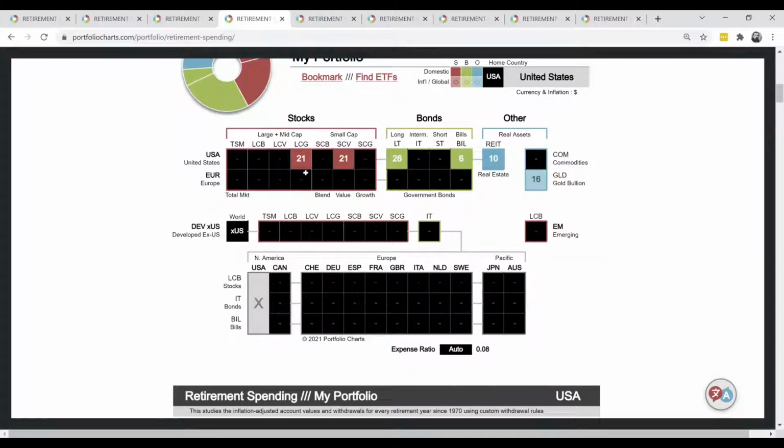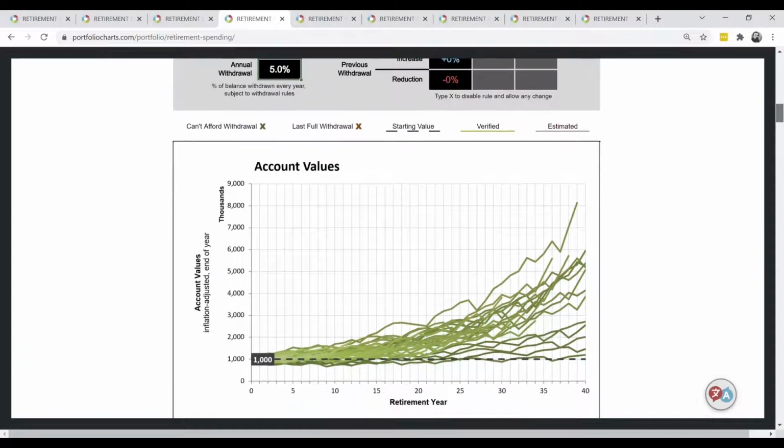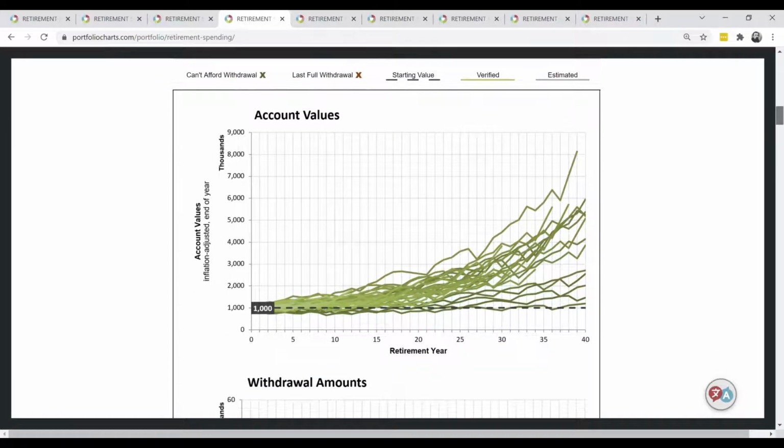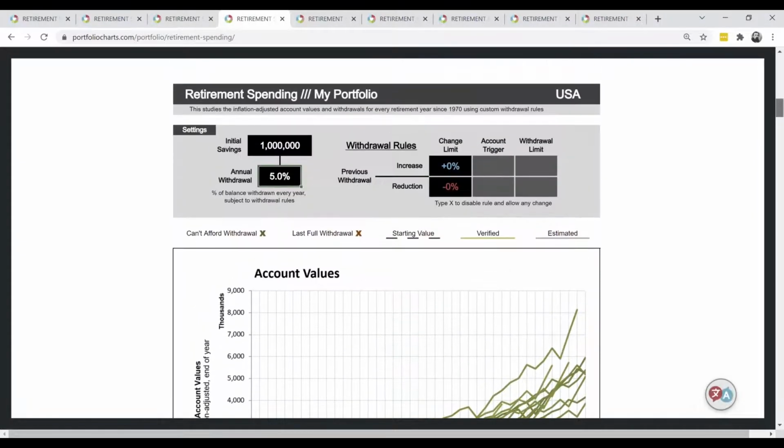So now let's go to the golden ratio portfolio, and that's, we put in this tab. It's got 21% large cap growth, 21% small cap value, 26% long-term treasuries, 16% gold, 10% REITs, and 6% in cash. That's T-bills there. And this one is set on 5%. And you can see it also has a nice ride, that it stays pretty constant to up, even at a 5% withdrawal rate.